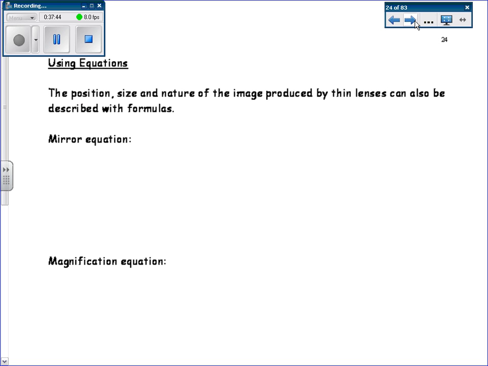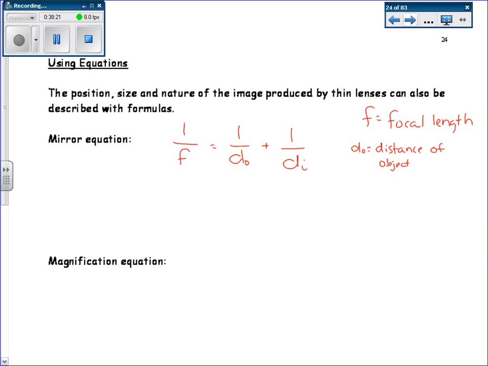In terms of the formulas, the position, size, and nature of the image produced by thin lenses can also be described as formulas. And there's two. There's the mirror equation, which is 1 over f equals 1 over do plus 1 over di, where f is the focal length, do is the object distance, the distance of the object from the lens.